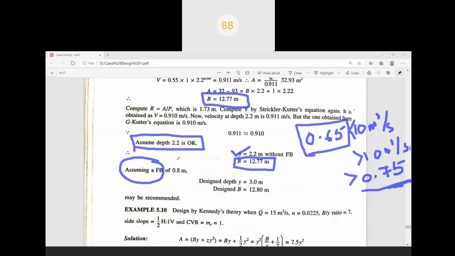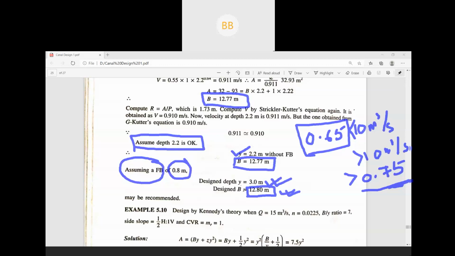That is why we have provided here 0.8 meter, and then this design depth will be 3 meter, and because of this 3 meter your width of the channel is also changing. So for that 3 meter depth you can find out the width of the channel by considering other terms as constant.